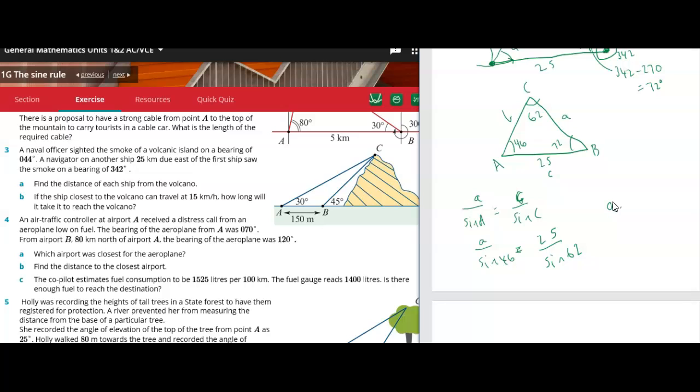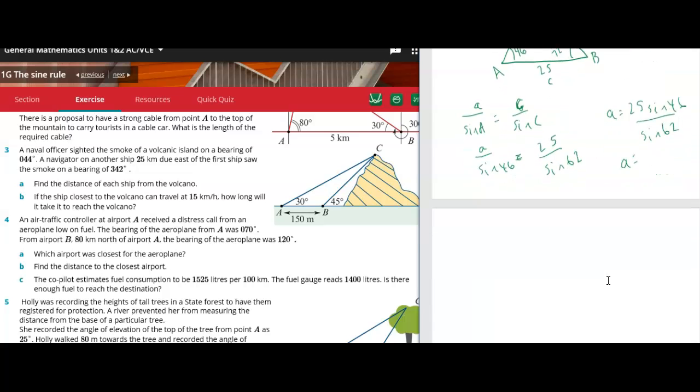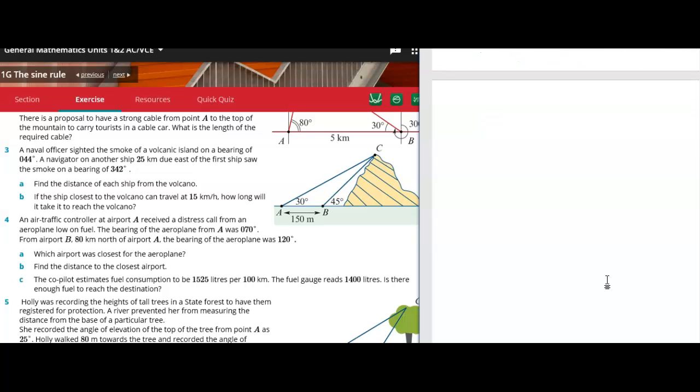So A is equal to 25 sine 46 over sine 62. And we're going to have to work that out in a sec. So I'm just going to write A equals for now until I get a calculator.